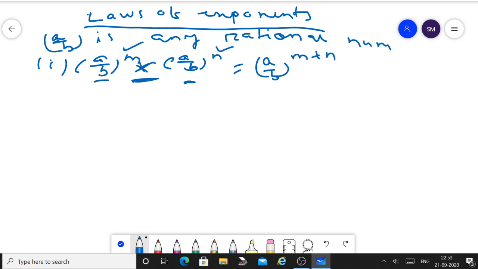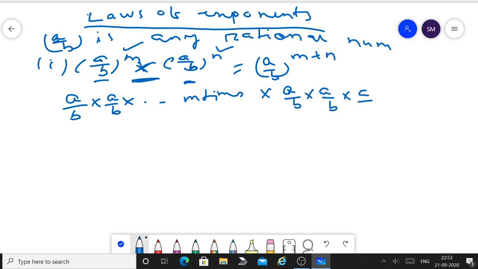Here is the multiplication sign, so the exponents are added. Look here, how is it possible? a by b to the power m, what do you mean by this? a upon b into a upon b, how many times? m times. Then multiplied with a upon b into a upon b, how many times? n times.